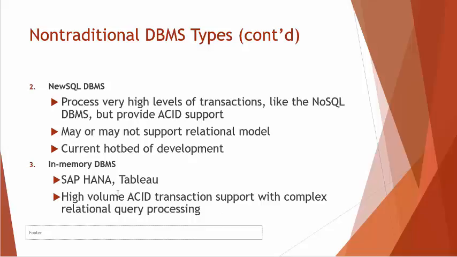Some examples that you might see of in-memory database management systems are SAP HANA or Tableau. I know we use Tableau in our program here to grab data and present it in a graphical form so people can make decisions with that. And so you might categorize these types of databases as high volume ACID transaction support with complex relational query.